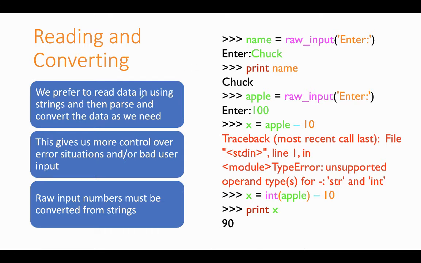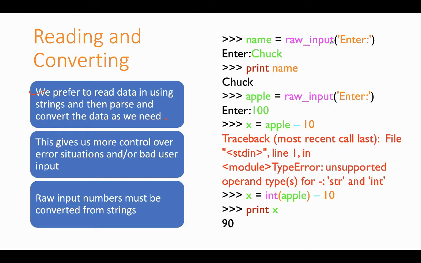We prefer to read data using strings and then parse and convert the data as needed. This gives us more control over error situations, or bad inputs. The raw input number must be converted into string form. So whatever numerical value you are providing, it should be converted into a string and you can perform different operations on it.